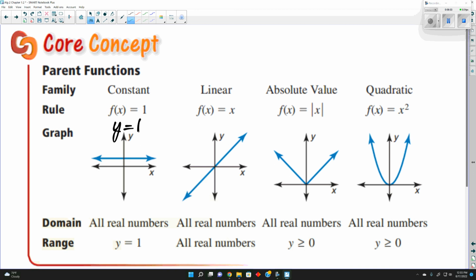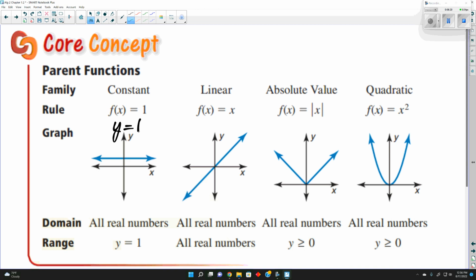The other three that we have are linear, absolute value, and quadratic. And these are the parent functions right here. These are the graphs of them. And what we're going to be looking at today is how are they being changed? There's going to be stretches, shrinks, up, down, left, right.